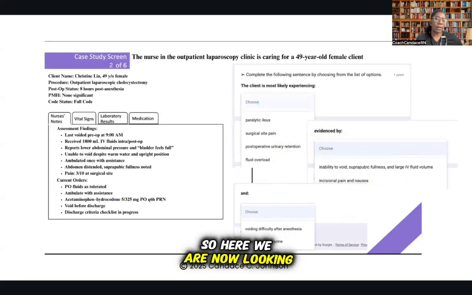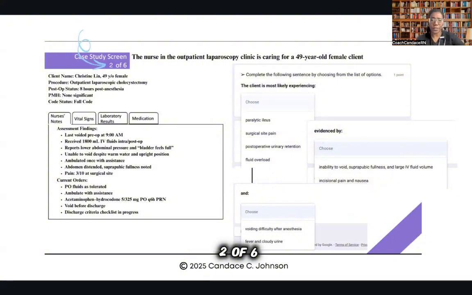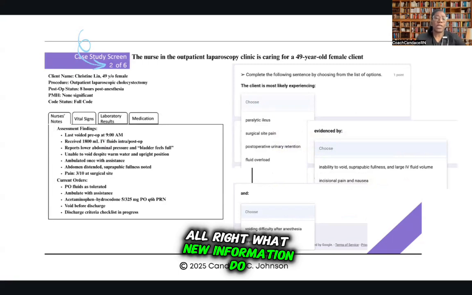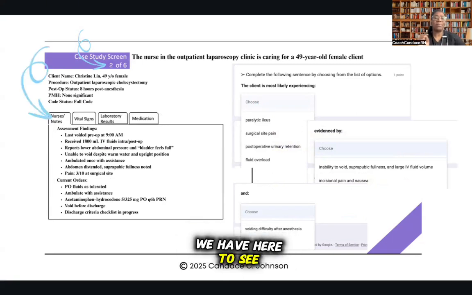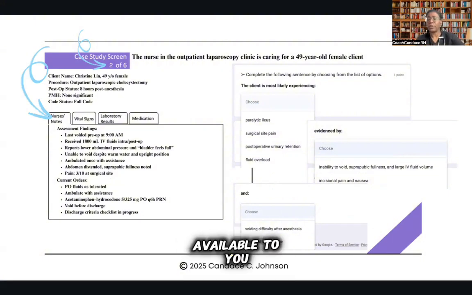All right, so here we are now looking at screen 2, case study screen 2 of 6. What new information do we have here to see? Well, the nurse's note. Now, at each screen, I would suggest that you take another look at the information that you have available to you.